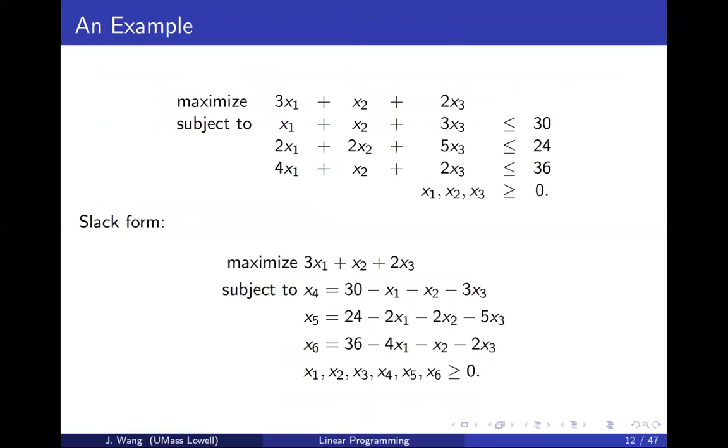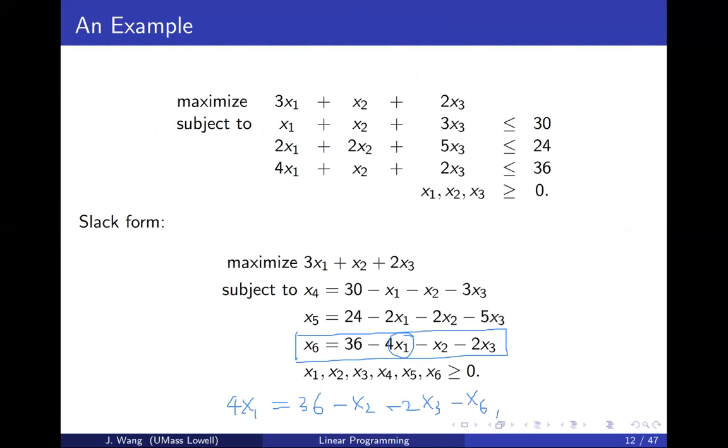We can do that calculation here. x1 is the entering variable, so we move it to the left-hand side. We get 4x1, and the right-hand side becomes 36 minus x2 minus 2x3 minus x6.